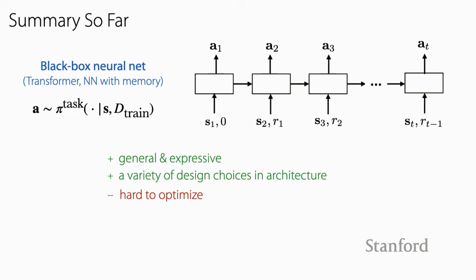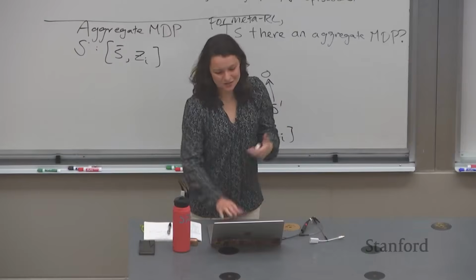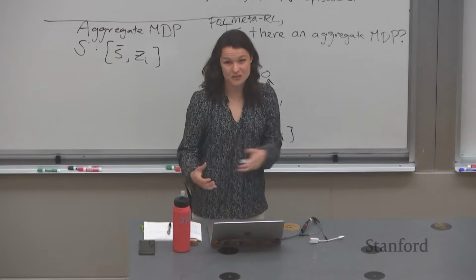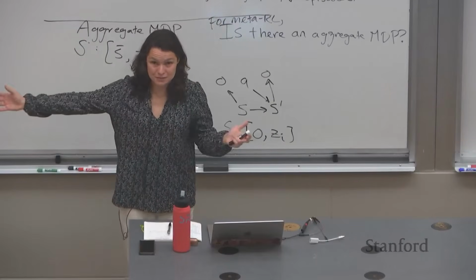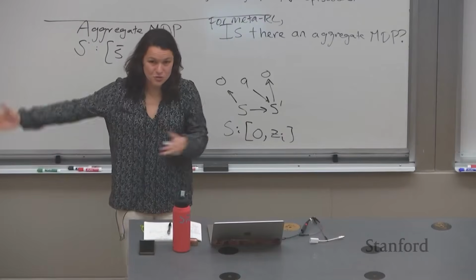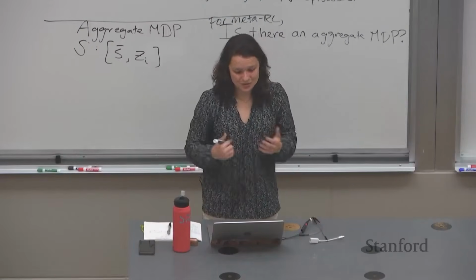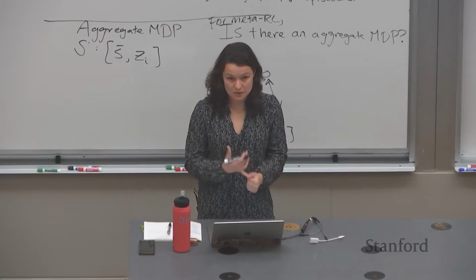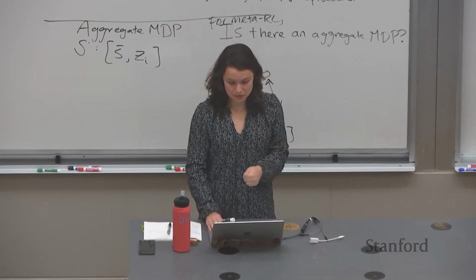One thing is that they're hard to optimize because the model needs to figure out how to adapt from data, and there's lots of different input features here that you could try to pay attention to, and the model has to figure out what about those input videos that you're passing as input for the maze navigation is useful when you're then trying to exploit and learn a policy. So because you're passing in so many things as input, it's such a big model, it can be hard to optimize for that reason. And it can also be hard to optimize from an exploration standpoint, which we'll talk about right after this.